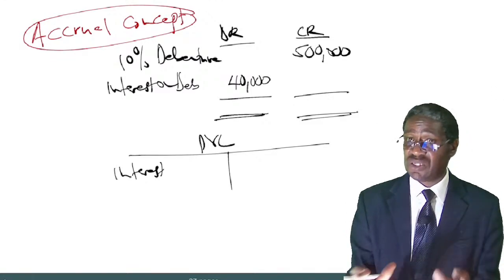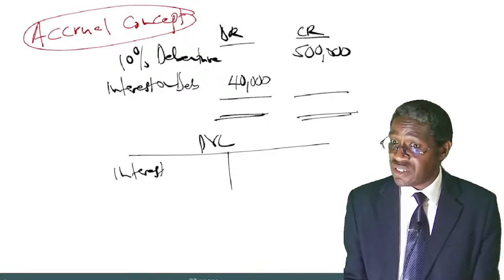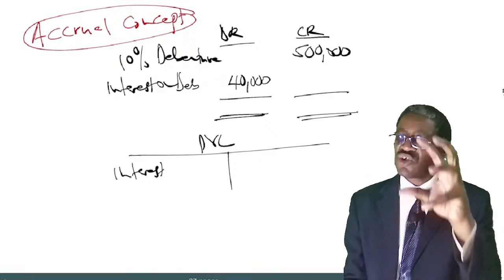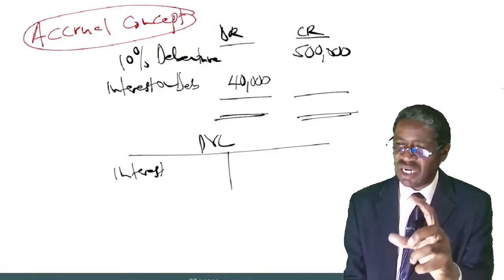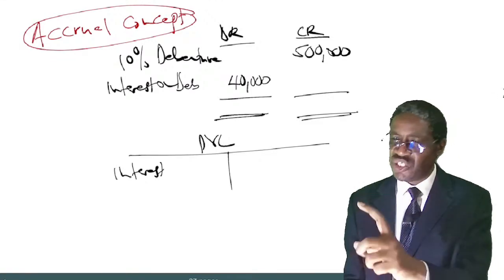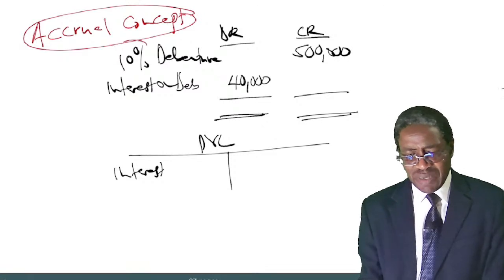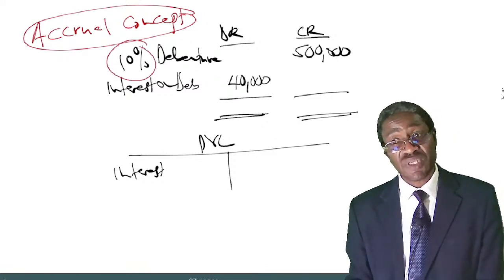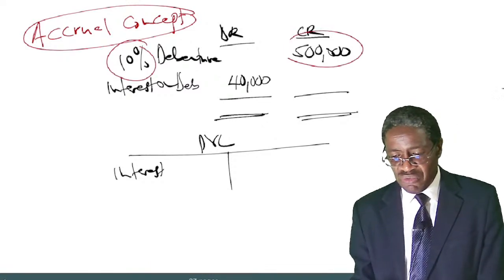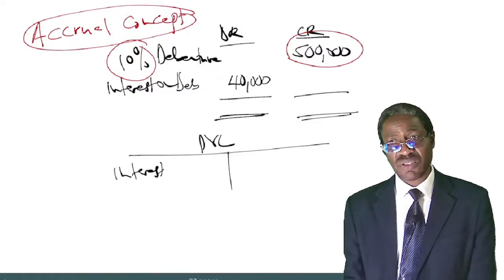Interest is an expense. And the concept states, you recognize costs when they are incurred, but not when money is paid. Listen now. This company has a 10% debenture amounting to 500,000.